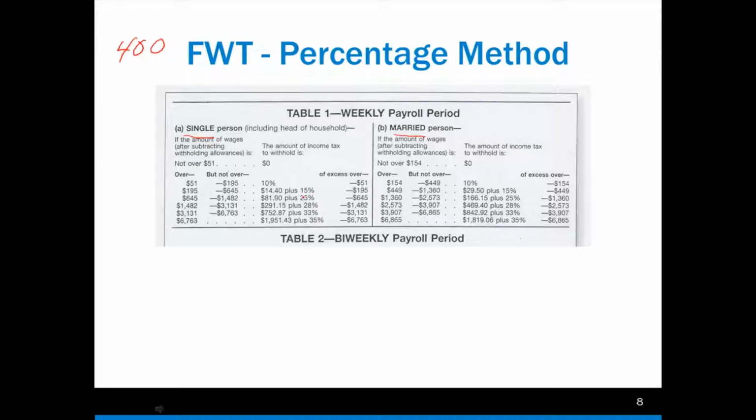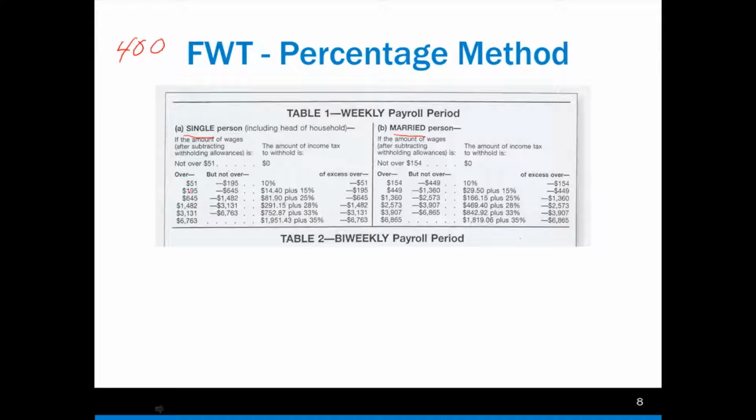Now I'm not going to pull out a calculator and do this. I'm just going to guess at numbers just to illustrate. We determined that we're going to use $400 as the basis for our federal withholding calculation. So I look at the over column and go down, and I see 51. I'm over 51. I'm over 195, but I'm under 645.